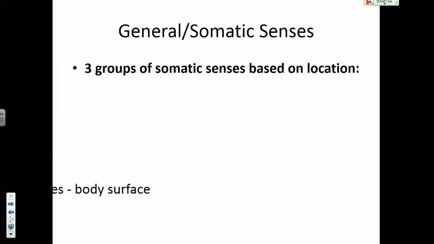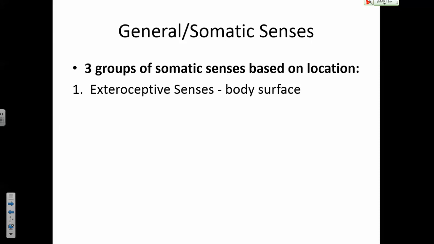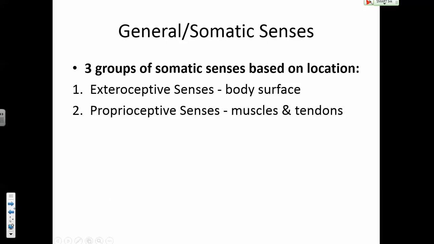And just like this is A and P, there are a lot of ways to describe and term everything. One way we can describe these is based on where they're located. If they're at your skin, they're referred to as exteroceptive, like all your touch receptors, your hot, your cold receptors, your itch receptors, all of those are at the skin. So those would be considered exteroceptive senses.